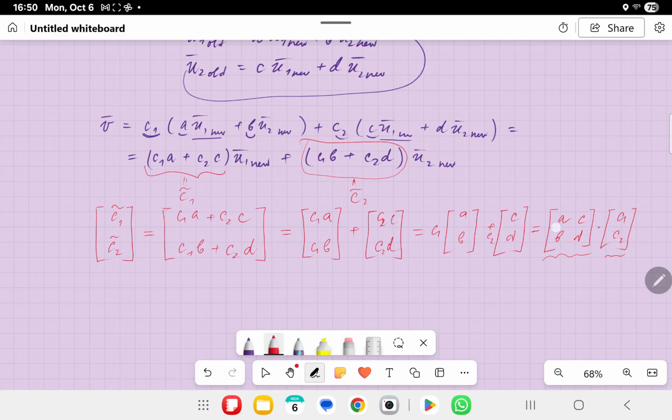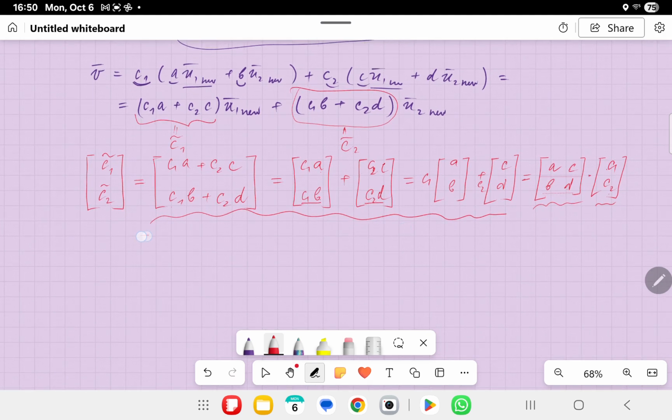My row number 1 multiplied by column number 1 is going to be AC1 plus CC2, and the second one is BC1 plus DC2. But if we skip all this and just write down the beginning of this statement and the end, we are going to get the answer to the question we posed at the beginning of this lecture.